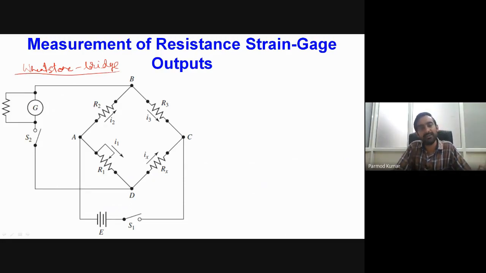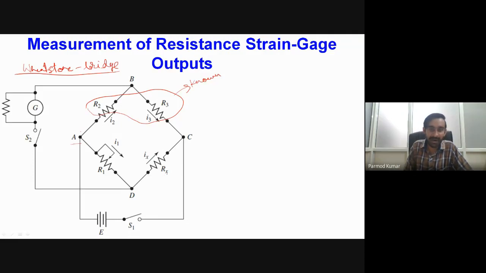What I have given here is an illustration of a Wheatstone bridge, where we have four terminal points A, B, C, and D, and four resistances. R2 and R3 are the known resistance values.